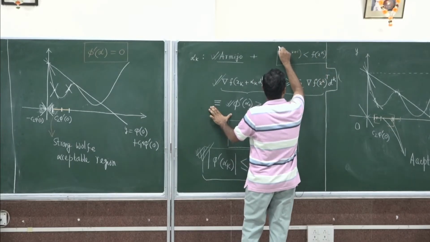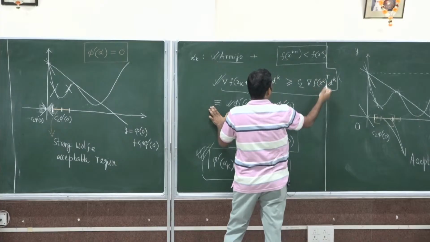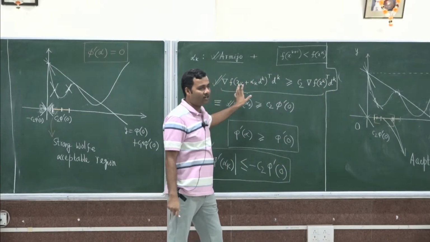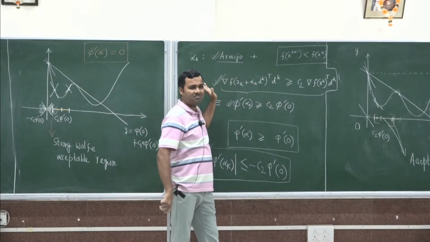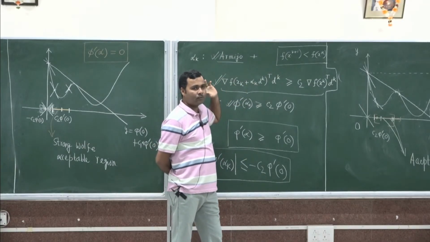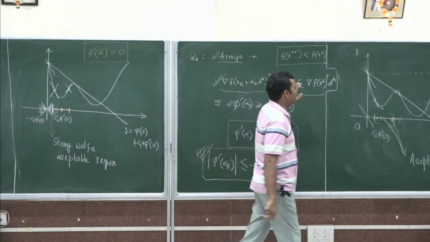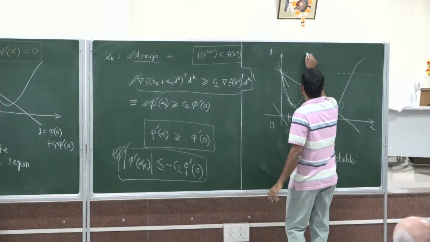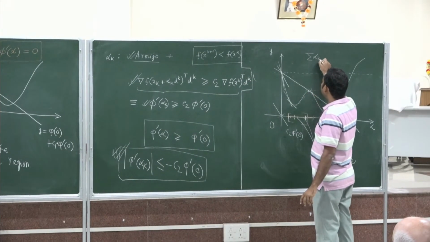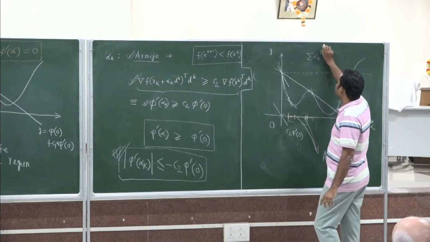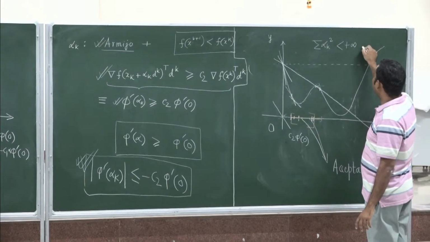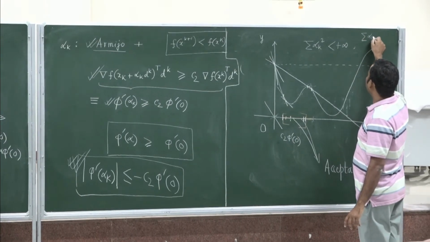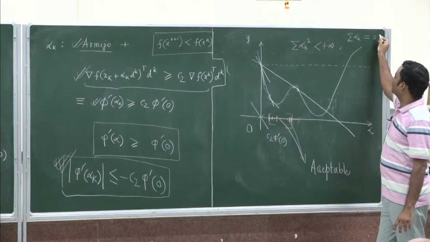However, as I mentioned on the last day, there is another rule, called the diminishing step size rule, in which none of these conditions are needed. You just follow any alpha k that is square summable, the sum of alpha k squared is less than infinity, and the sum of alpha k is equal to infinity.